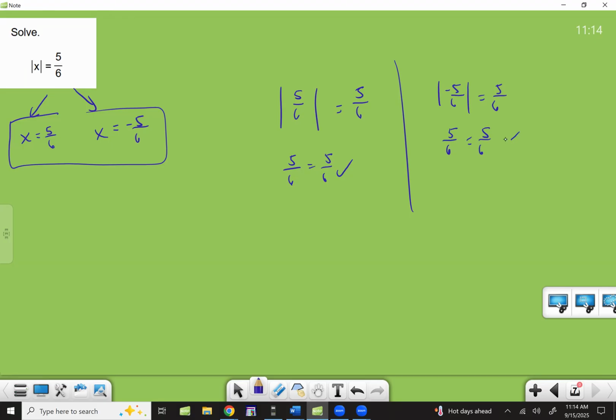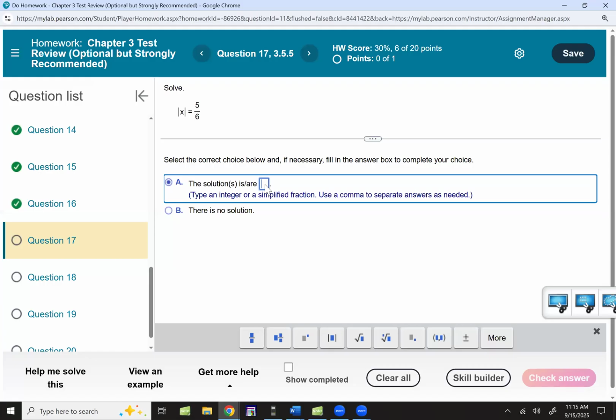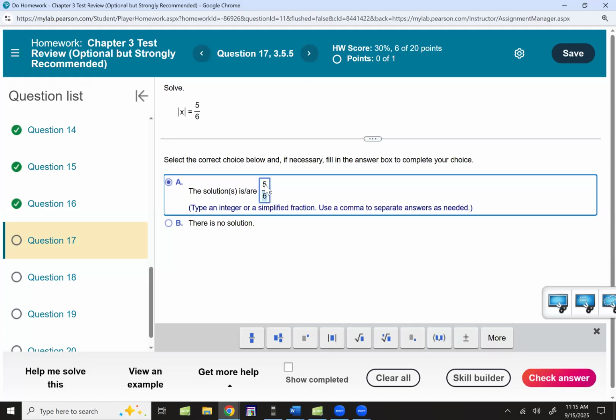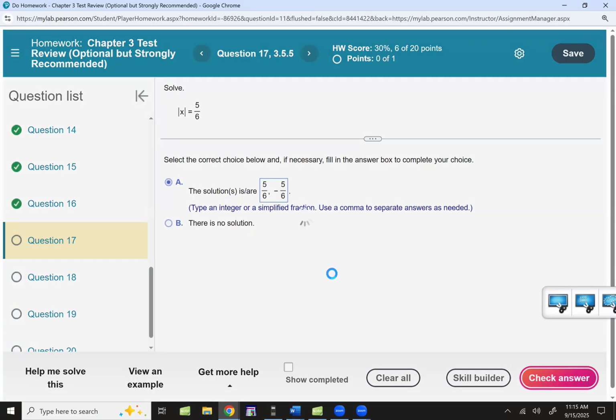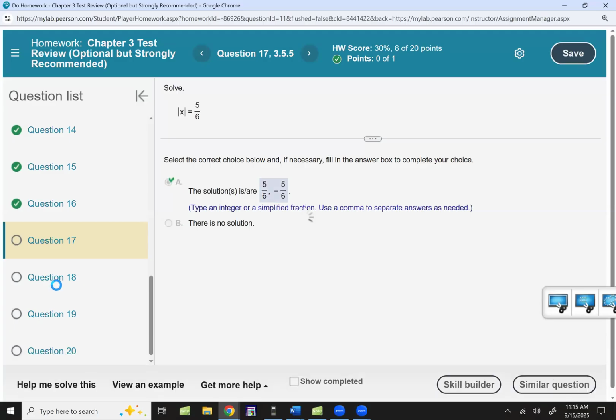Absolute values turn everything positive because absolute values mean distance. And we never talk about distance negatively. When you say how far you are away from something, you wouldn't say negative 6 miles. You would just say 6 miles. So absolute values turn everything positive. So that is why both 5/6 and negative 5/6 work on this problem. So the solutions are 5/6, comma, negative 5/6. Let's check it. Perfect. It's an easy one, huh?